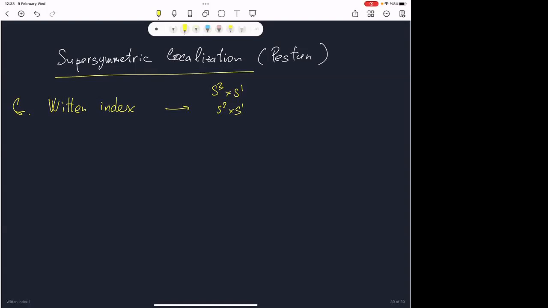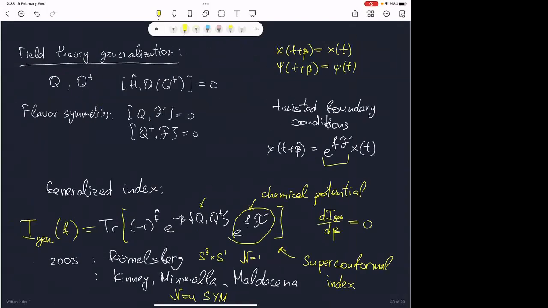So it's again not a number. It depends on, in our case, actually, I just used flavor symmetry. It depends on flavor symmetries. Of course, it doesn't mean that it only depends on flavor symmetries. Again, you can plug in any symmetry. It's not only global symmetry. If you have some symmetry which commutes with your supercharge, just plug it in as an exponential, using some chemical potential.